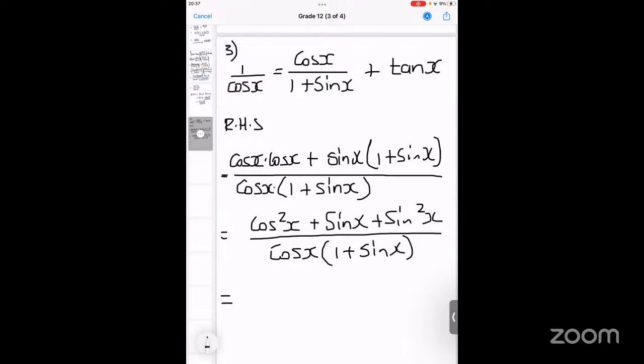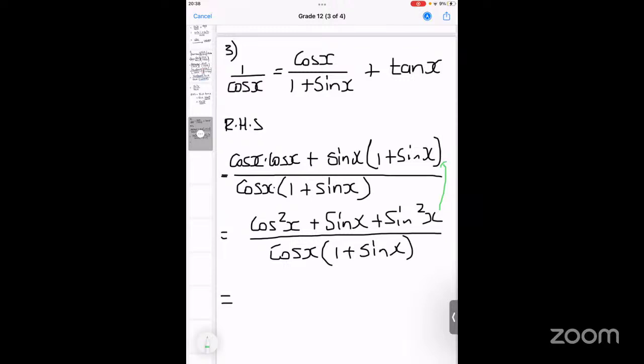Okay, so sir, can you take out sine x as a common factor? If we take it out as a common factor, we are going back to where we came from.